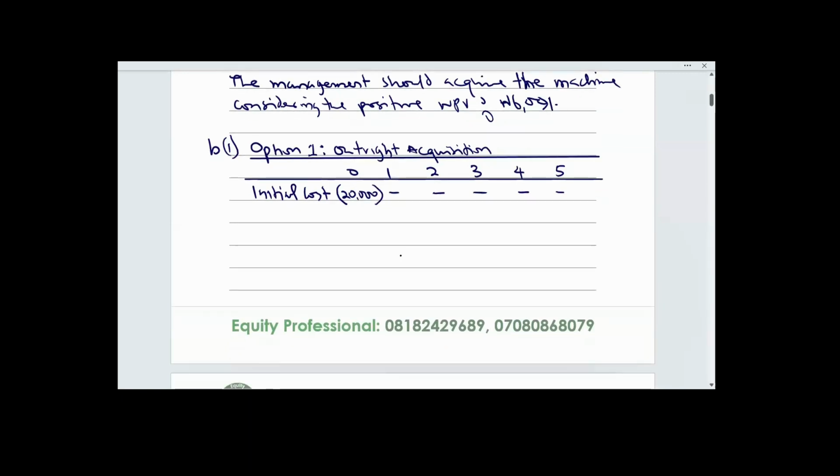Then tax saved on capital allowance. We have calculated the tax saved. In the first year it is 1,500, the second year is 1,125, the third year is 844. Year 4 is 633, then 698 in the final year. Then we also have scrap value, which is 4,000. So these are the 3 line items you are going to consider under borrow to buy.